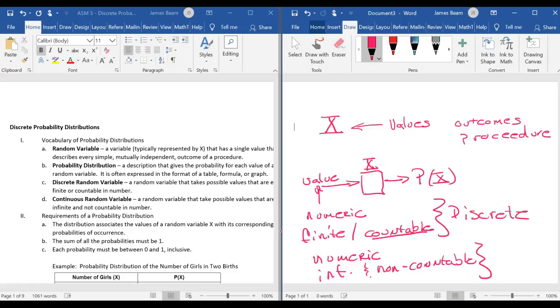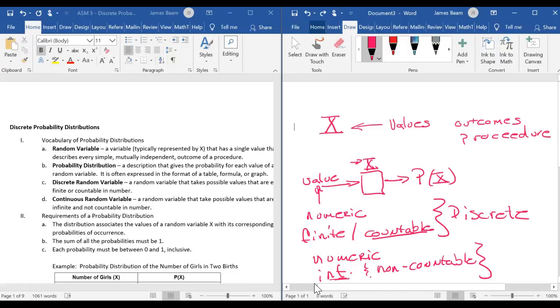So like if X can take the possibility of various weights like pounds or heights, things like that, there's an infinite number of possible weights a person can have, and those weights are non-countable. You can't map them to the counting numbers. So this is like the basic language that centers probability distributions.